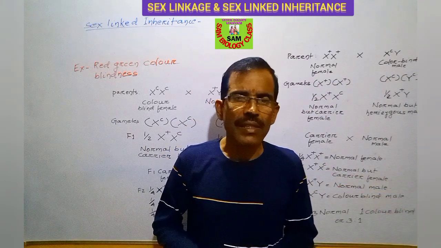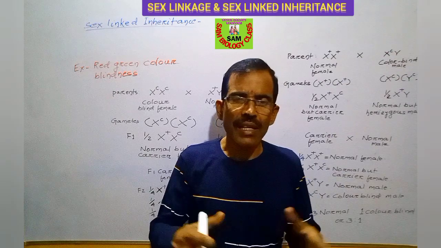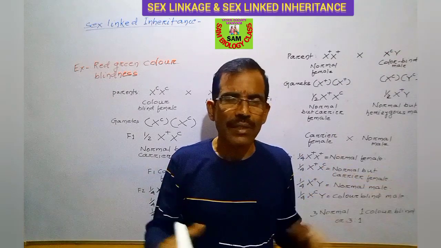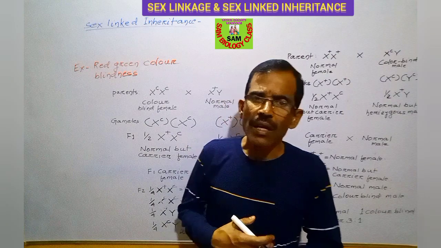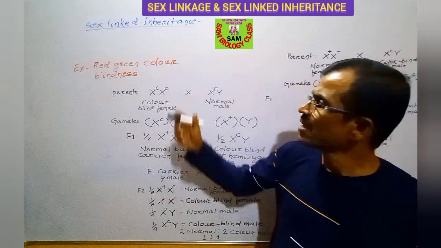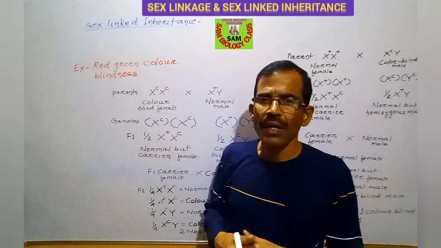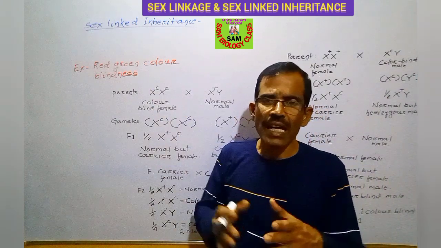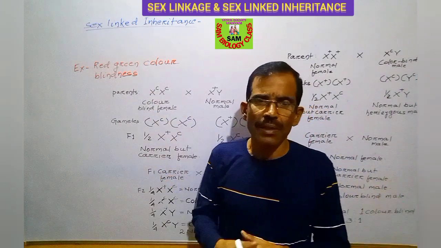Sex-linked characters are of two types, X-linked and Y-linked characters. A familiar example of sex-linked inheritance is red-green color blindness, which is an X-linked recessive character.